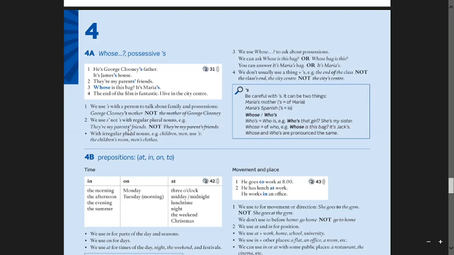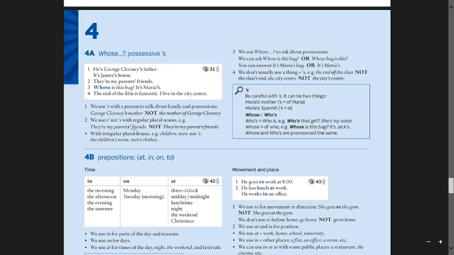We do not add another s. So after the s we place the apostrophe. We say they are my parents' friends. With irregular plural nouns, for example children, men, we use apostrophe s. For example, the children's room.